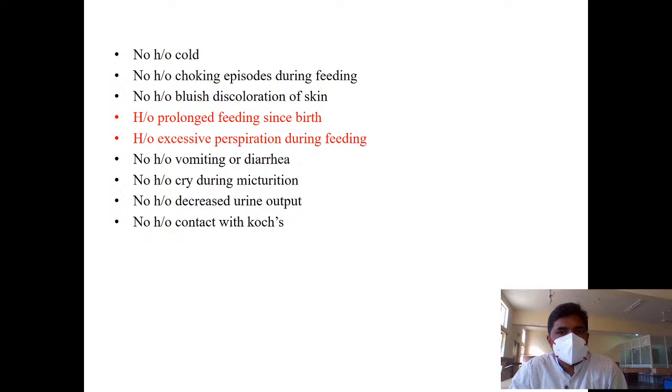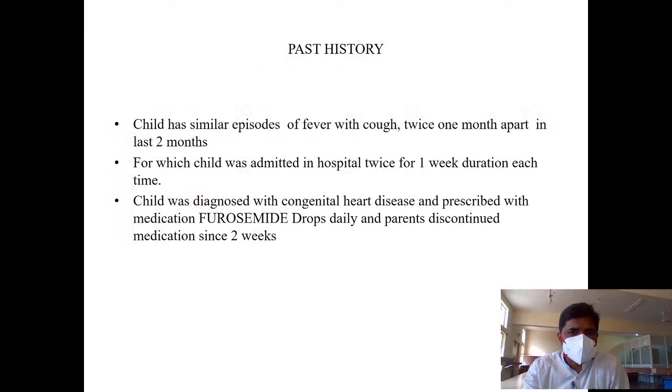So this is how you can delineate a cardiac pathology from a respiratory pathology, by asking for features of CCF. Then past history. This particular child had a similar episode of fever with cough twice, 1 month apart, in the last month. So now the child is 6 months old. So he had a similar episode at 4 months and then again at 5 months.